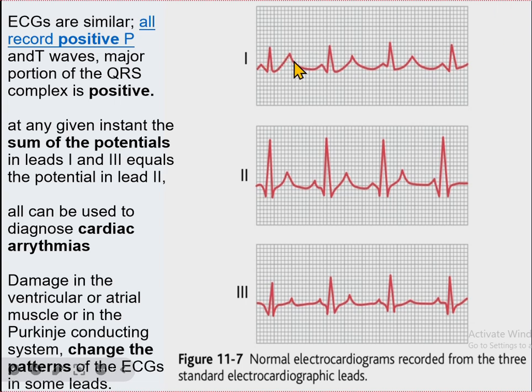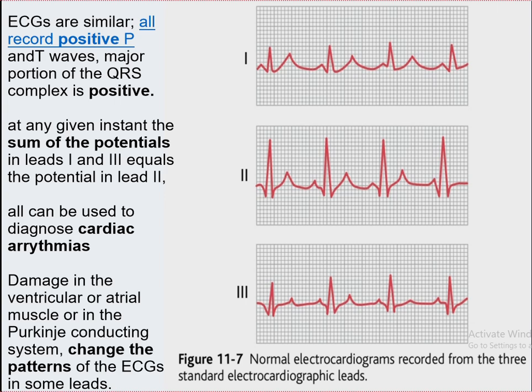The P waves and T waves are all positive through lead 1 and lead 3. Even the QRS complexes, the major portion of the QRS is all positive, except some parts where you see lead 3 going deep to the negatives, but the basic arrangement is the same. Meaning if you are diagnosing arrhythmias, you can use any.